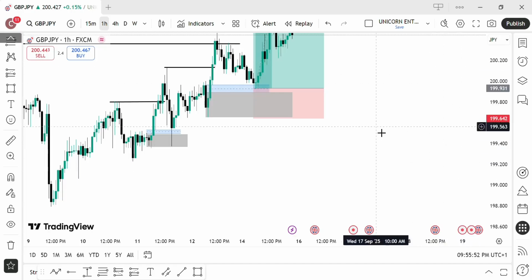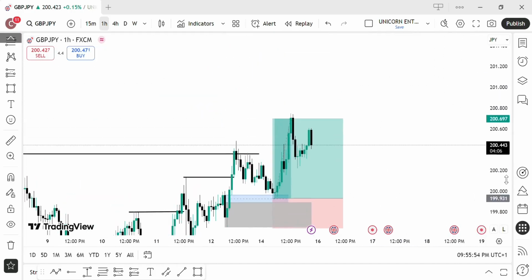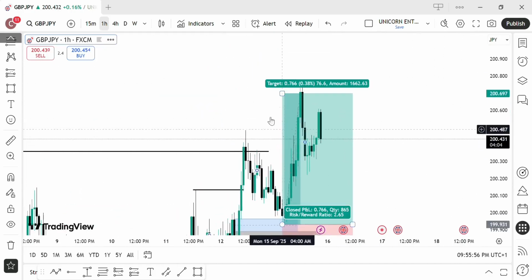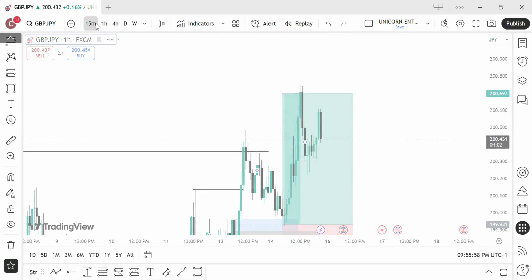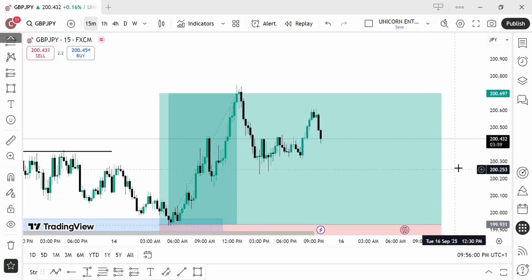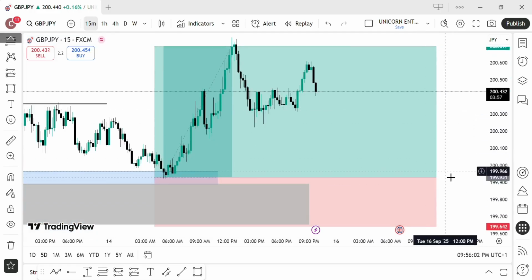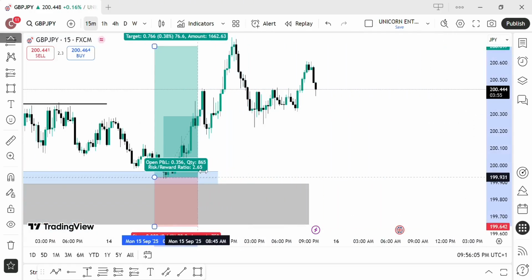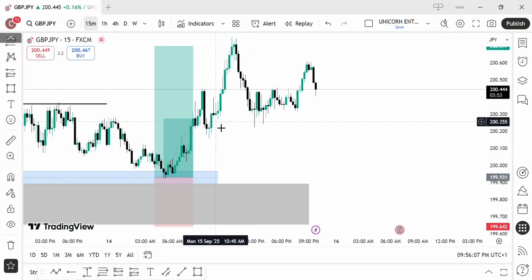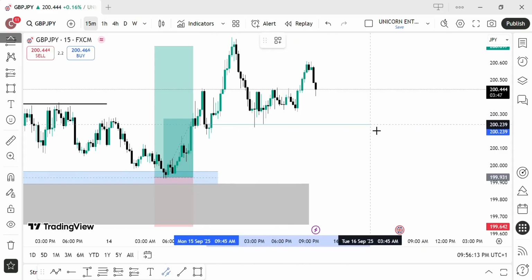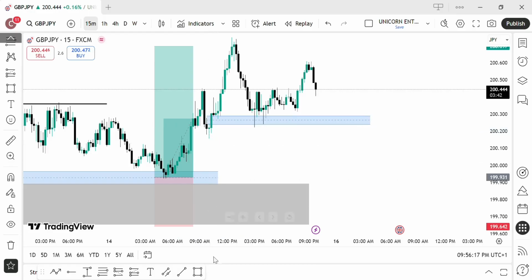So if we go down to a lower time frame, on the 15 minutes time frame here, I can see a fair value gap here, with another block.